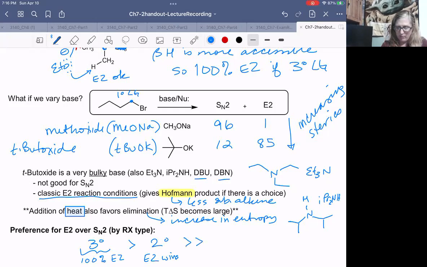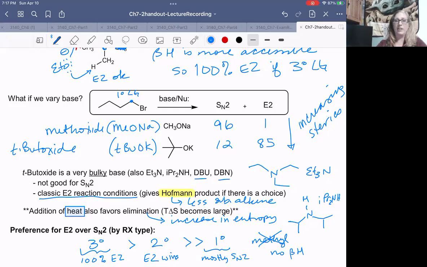But then the tide changes when we move to primary. With primary, we're getting not 100%, but mostly SN2. And I'm not even going to put methyl on the list here, because methyl is never going to do an E2 elimination since it has no beta hydrogens.